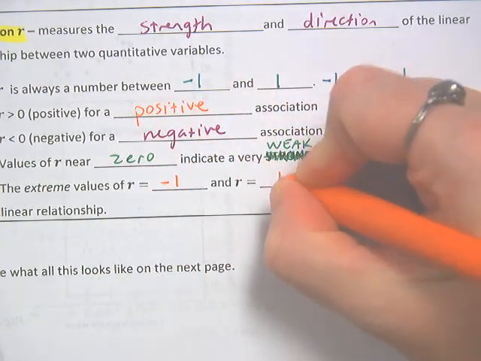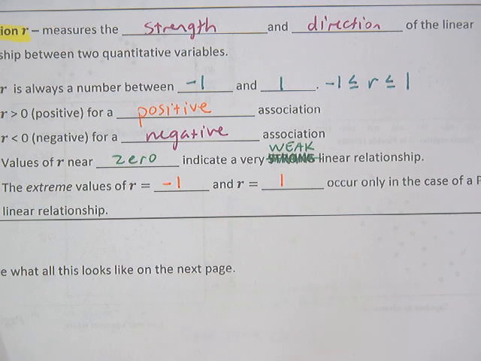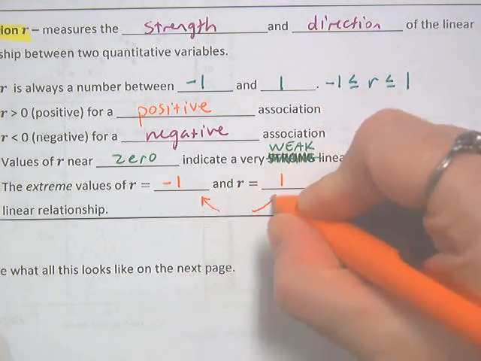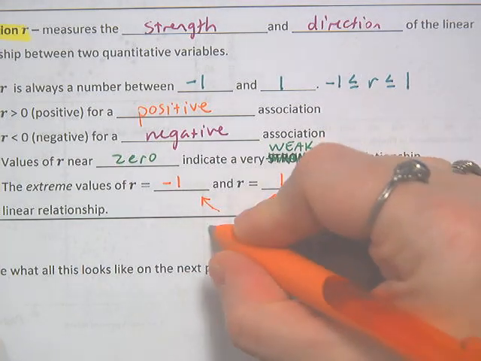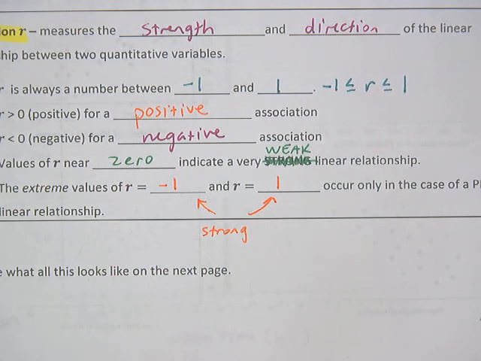As a matter of fact, -1 and 1 are only going to show up in a perfect linear relationship. So the closer R is to these, the stronger the relationship. Weak is in the middle, strong is on the outside.